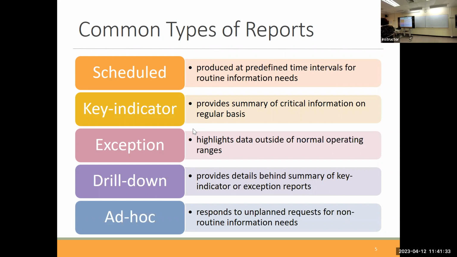There are also key indicator reports, exception reports, and reports that allow you to drill down to seek more detail. This is pretty much analytical-related reporting. And many times ad hoc reports could be requested especially by the business management. Oh, I want to see this, I want to know how this and that relate, and so on. Okay.